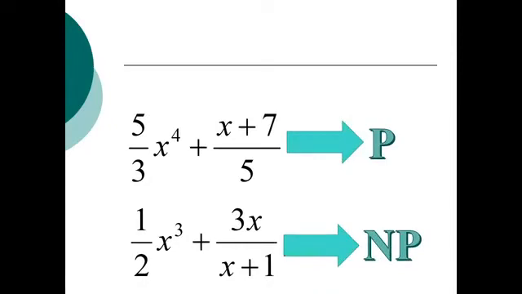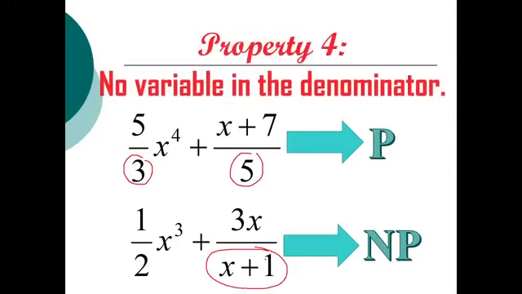Property number 4. So take note of the denominators. Is there a variable here in the denominator? No. In our second example, there's a variable in the denominator. So property number 4, no variable in the denominator for it to be a polynomial.